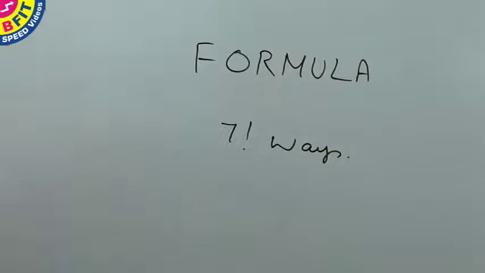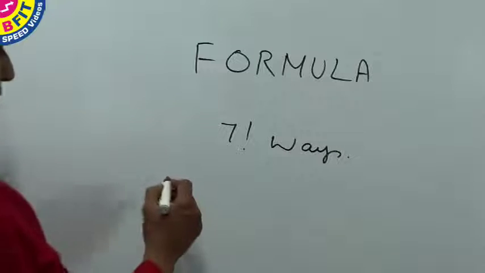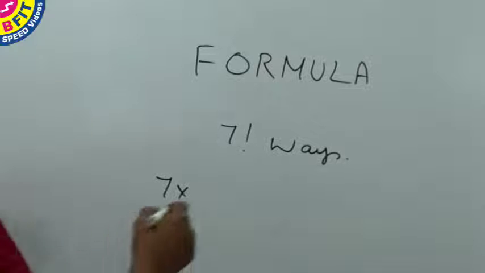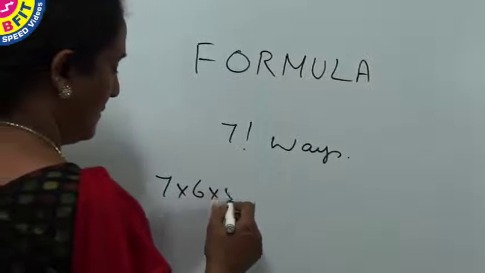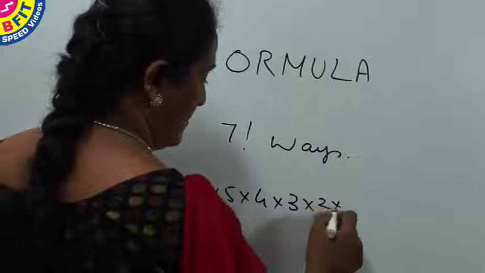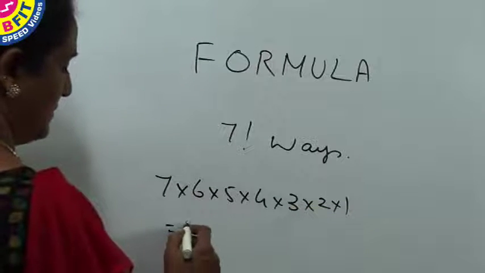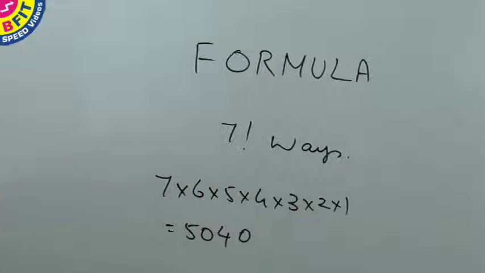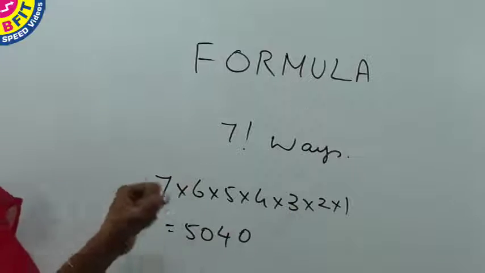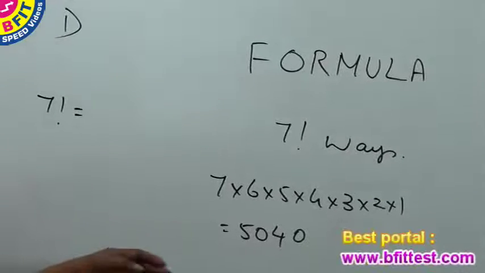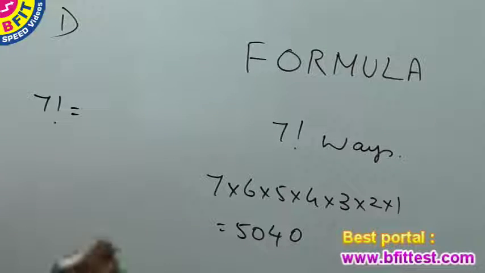And factorial is the value got by multiplying all the numbers starting from 7 up to 1, which is equal to 5040. It is better to remember these values for quick calculations. 7 factorial is somewhat a fancy number, so it is 5040.